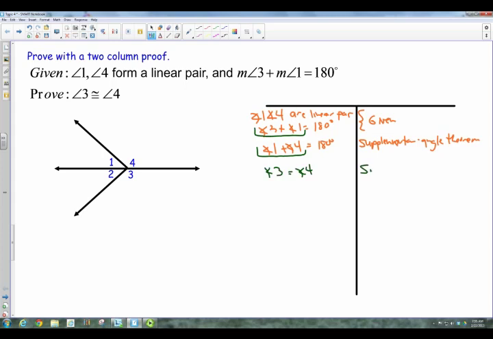That's the supplementary angle theorem, or supplementary angles are congruent to supplementary angles. And then finally, because of this congruency, we could say that angle 3 is congruent to angle 4, and that's the definition of congruency. And there you go.